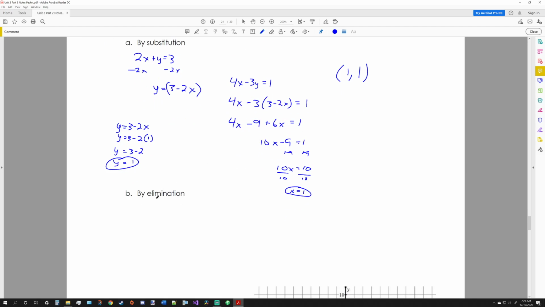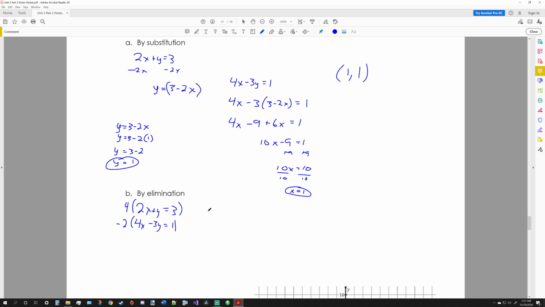Now for elimination, 2x plus y equals 3, and 4x minus 3y equals 1. I'm going to keep it like this because they're already lined up vertically, which is what I need. And so you multiply by opposite coefficient, making one negative.